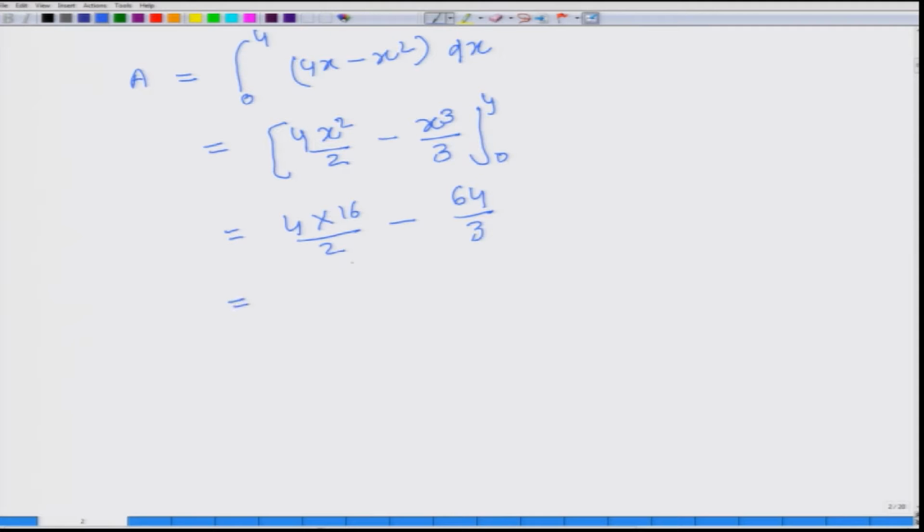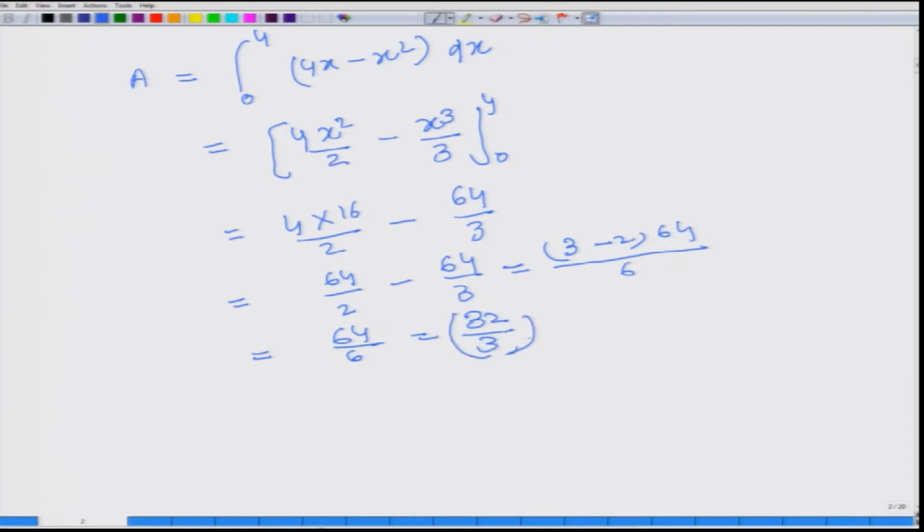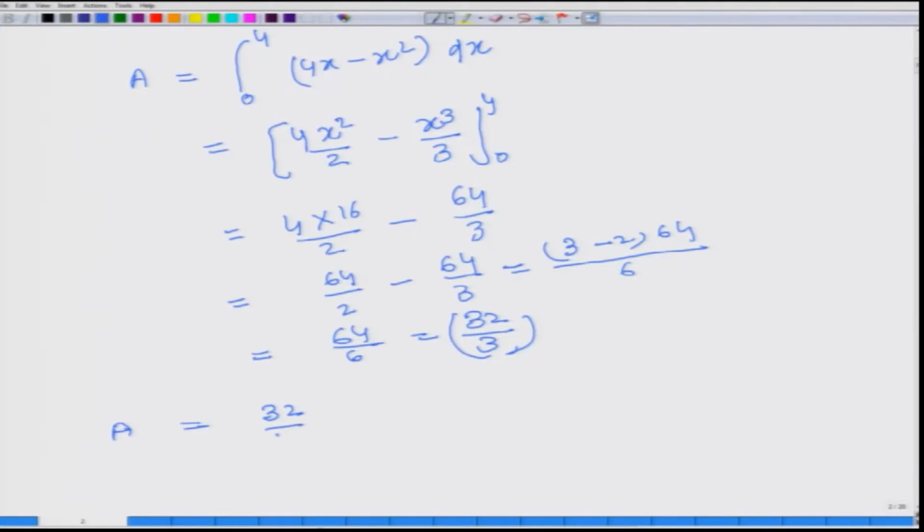So, this is equal to 64 by 2 minus 64 by 3, which is equal to (3 minus 2) into 64 by 6, which is 64 by 6, that is 32 by 3. So, we have found that the area enclosed by the parabola and the x axis is equal to 32 by 3.